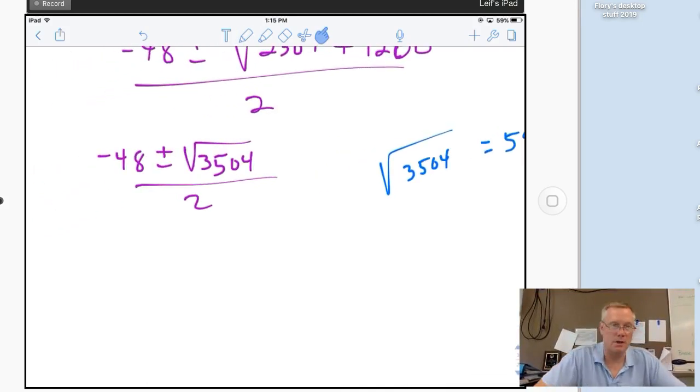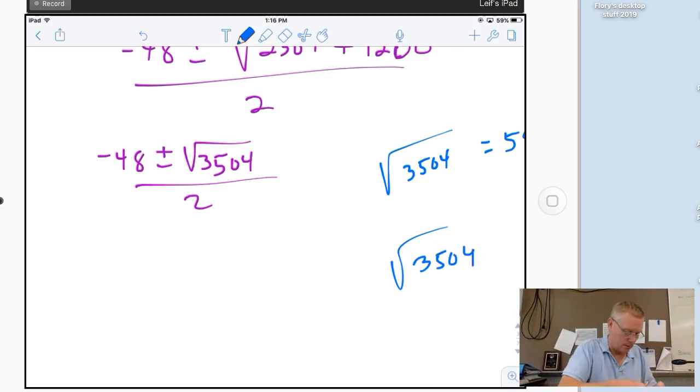Now, we can talk about reducing radicals at some point, and I think it comes up in the next section, but this is a huge number, and it turns out that 16 goes into it evenly, so you could break that up into 3504 divided by 16.